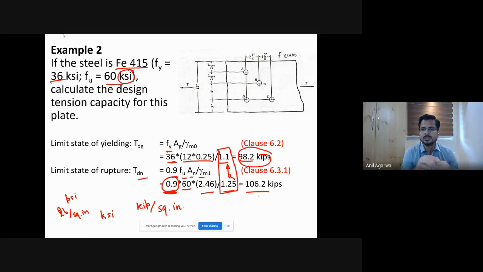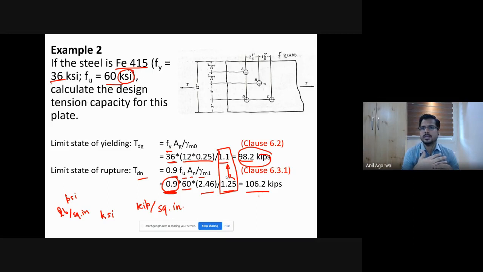See, what happens here is that for steel, what is the purpose of using two different resistance factors, yield versus rupture? The purpose was that a particular resistance factor was meant to govern how unpredictable that value is.